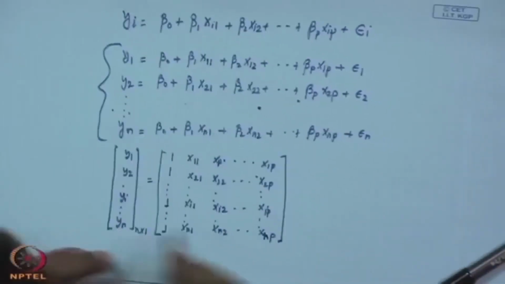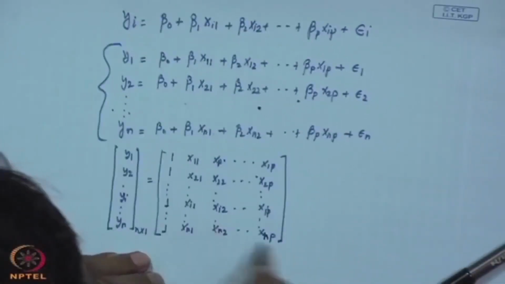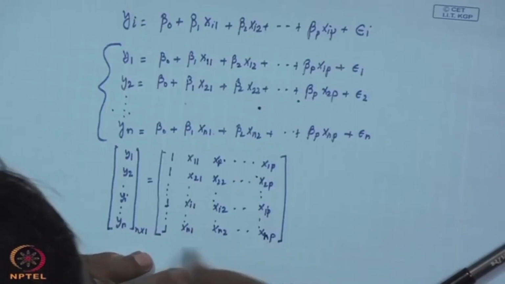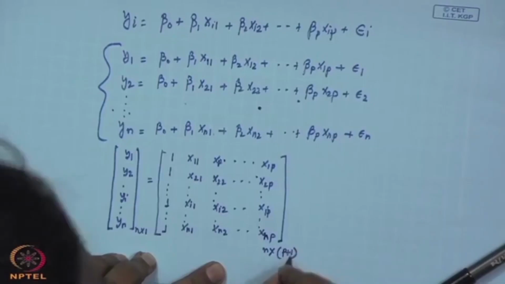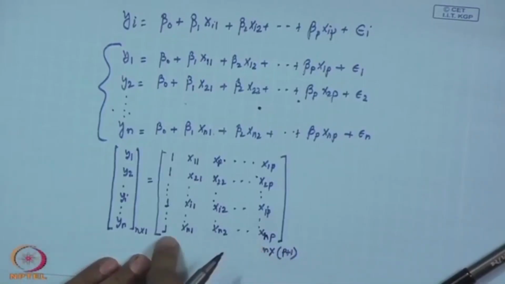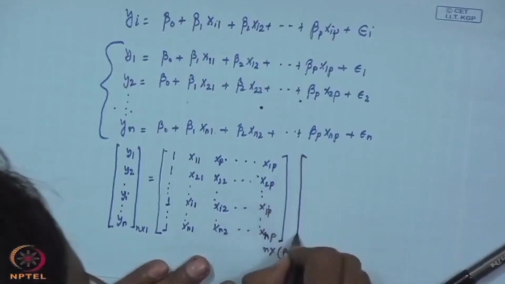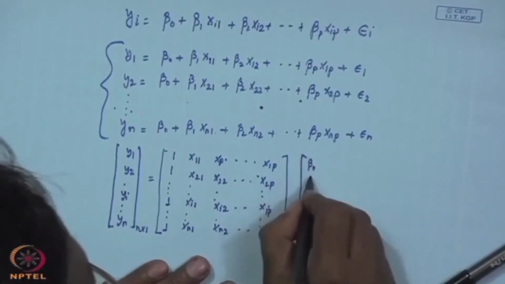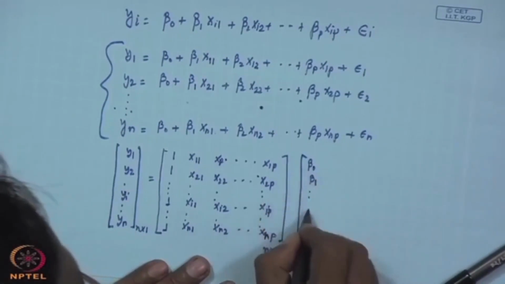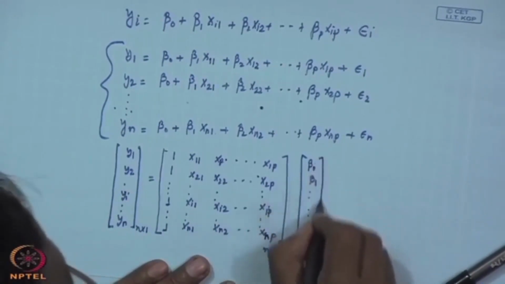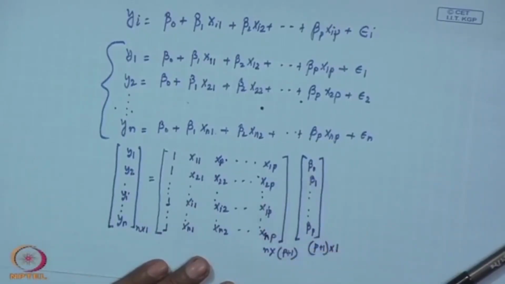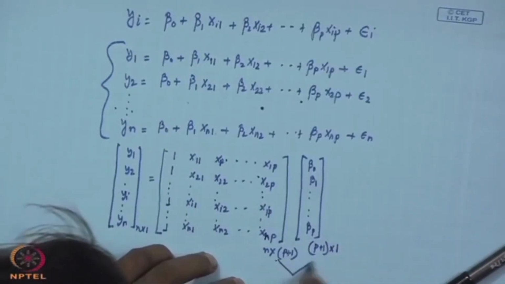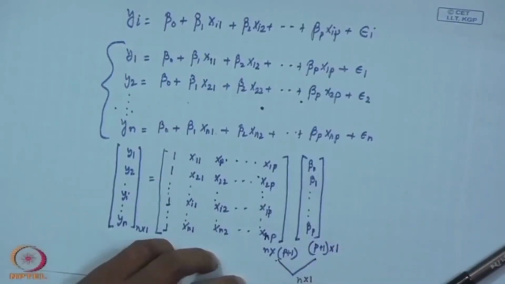Fine. So, what will happen here? There are n into p plus 1 variables, p variables, and 1 for the intercept. So, if I multiply it by beta 0, beta 1 to beta p, this will be p plus 1 into 1. Then the multiplication of this will give you n cross 1.